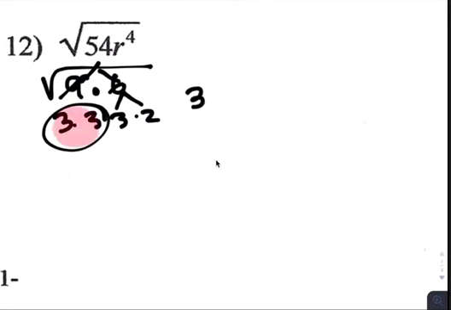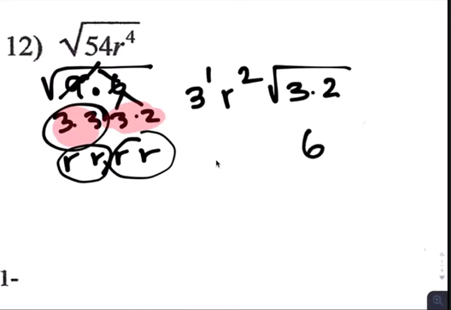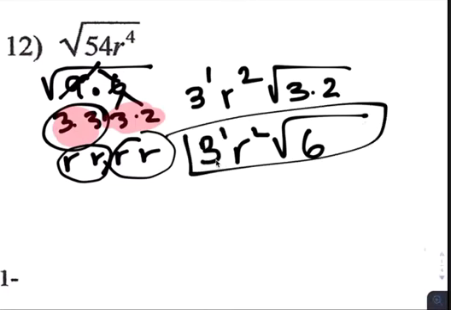So it's 3 to the first, or there's 4 of them, 1, 2, 3, 4. So you got 2 pairs, r squared. What's left are these 2. Square root of 3 times 2, which is 6. And that's your answer. The 2 needs to be there. The 1 can be invisible. Okay?